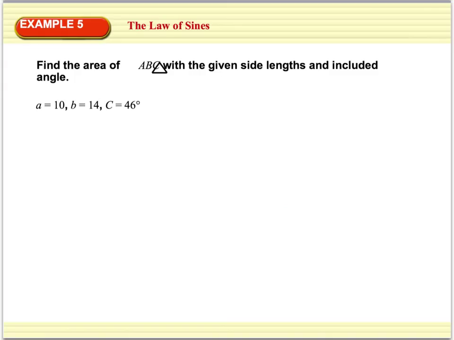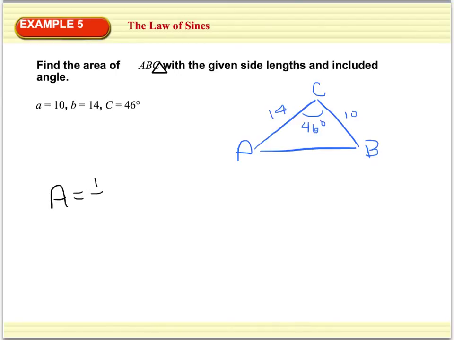Our last example deals with finding the area of triangle ABC with the given side lengths and the included angle. From the triangle that I've sketched here with the given sides and angle, I know that if I want to find the area, it is going to equal 1/2 times the two side lengths, which I do know.